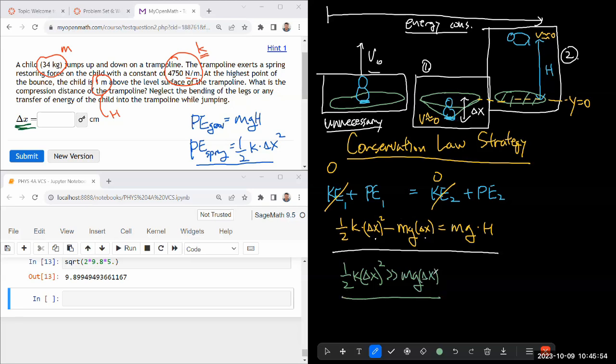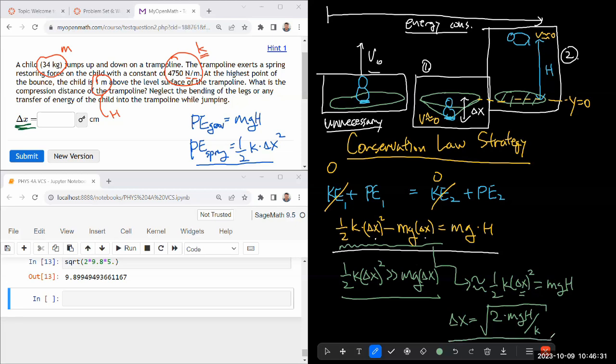If this is true, then I can approximate this left-hand side with the expression 1/2 k delta x squared and say that's equal to mgh. And I can solve for this delta x squared without using any quadratic formula. It's so simple, I can even do it in my head. Delta x is equal to the square root of 2mgh divided by k. So I am using an approximation.